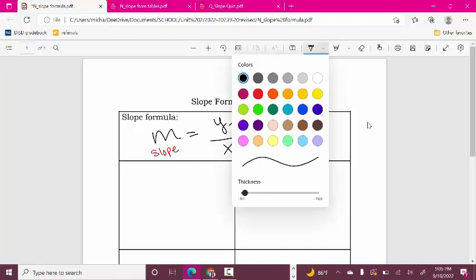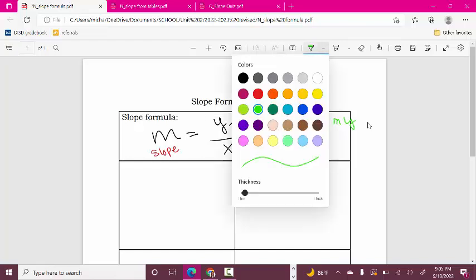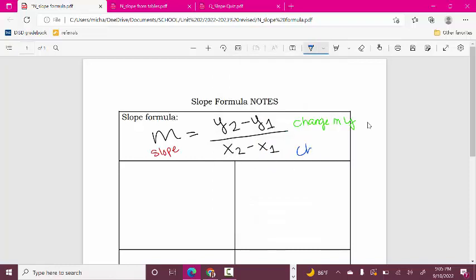Okay, so this y2 minus y1 piece gets you the difference in the two y coordinates, or the change in the two y coordinates. And x2 minus x1 gets us the change in our x coordinates.